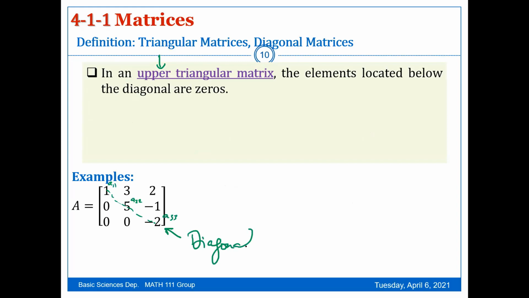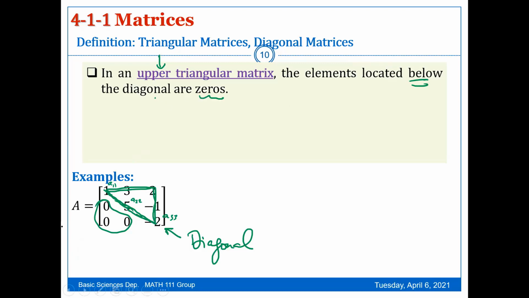This is the diagonal. A matrix is an upper triangular matrix when all elements below the diagonal are 0. It looks like a triangle, an upper triangle. So all the elements below the diagonal are 0.